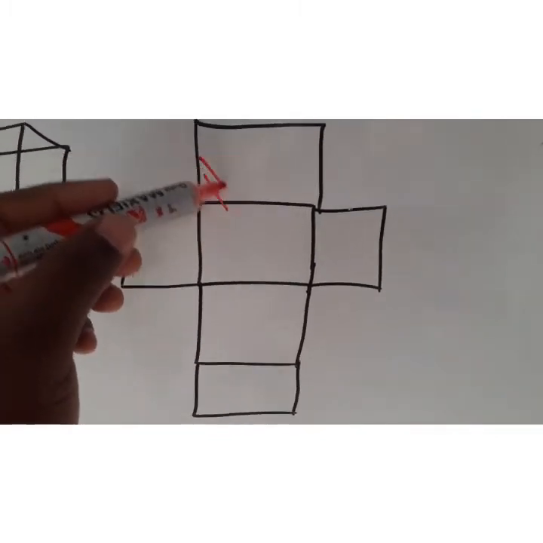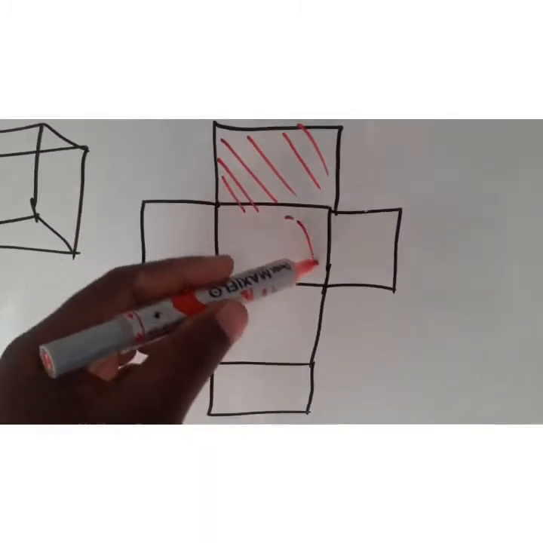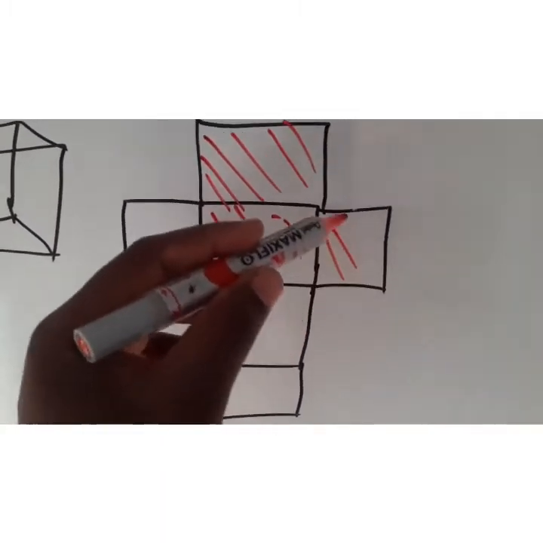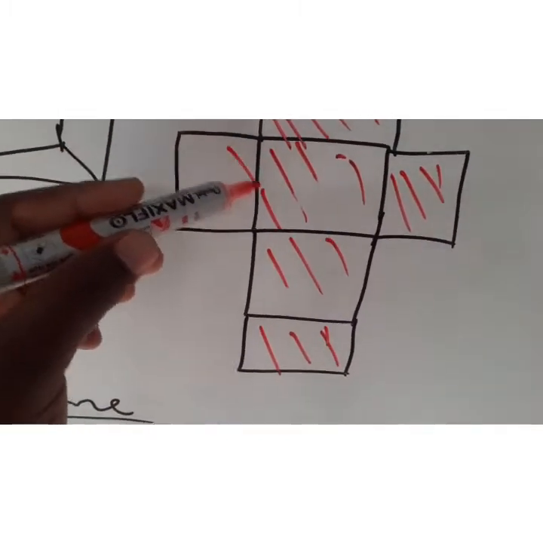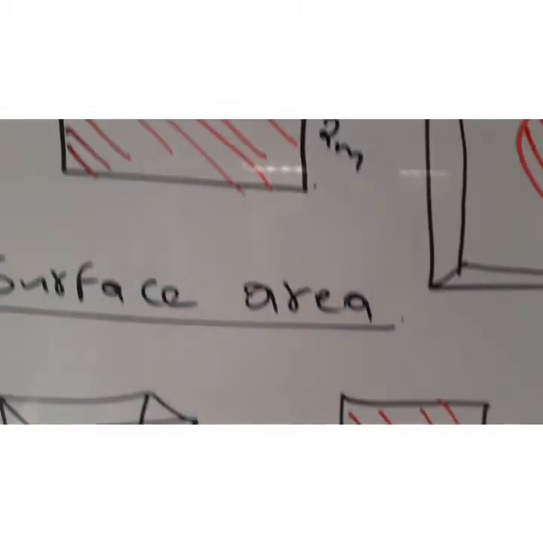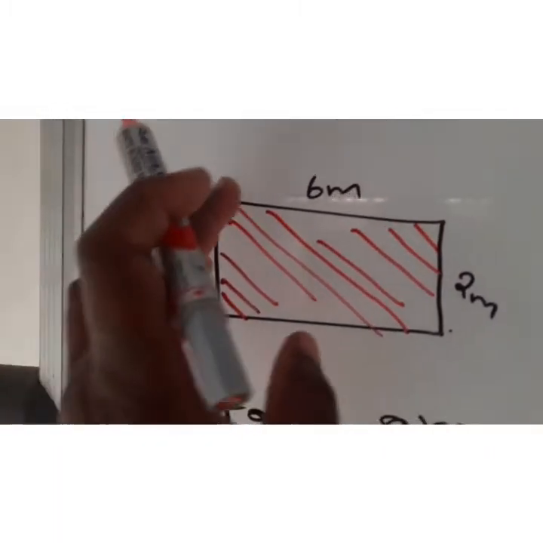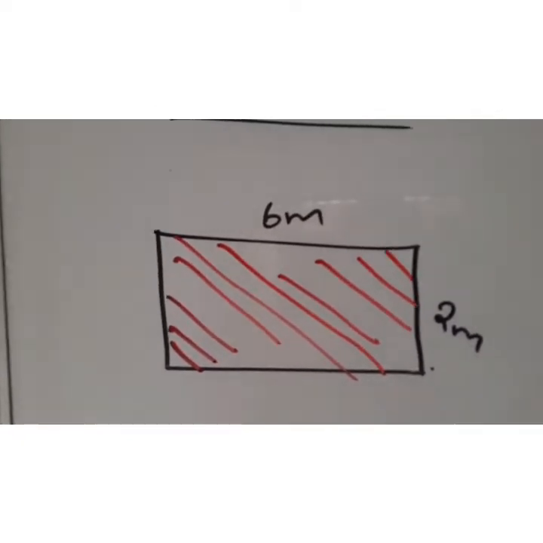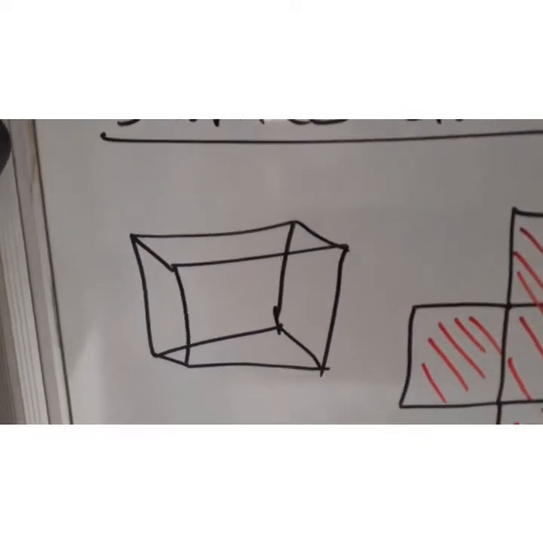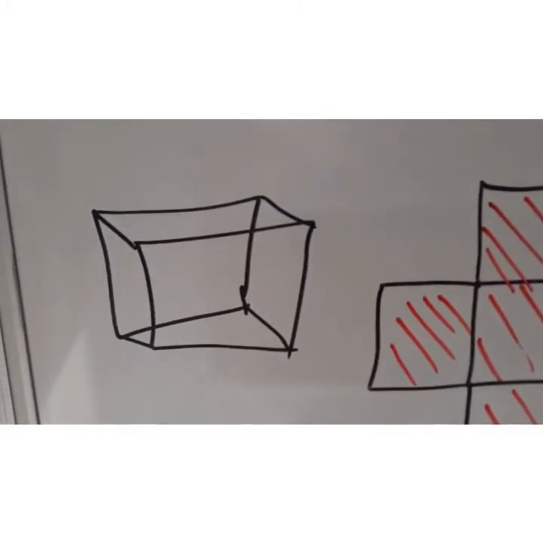So you'll be calculating the entire space that this box can cover. Just like in area, we are only calculating one face, right? So in surface area, we are calculating all the faces.